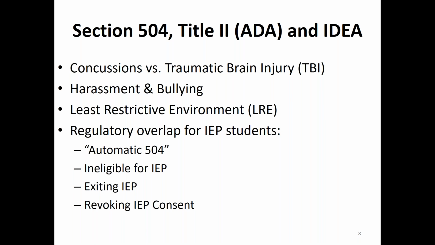I also want to talk about regulatory overlap for IEP students. I want to be real cautious about this, and every once in a while I slip, and we'll get into this circumstance where I'll say a student with insulin-dependent diabetes is automatically a 504 student.